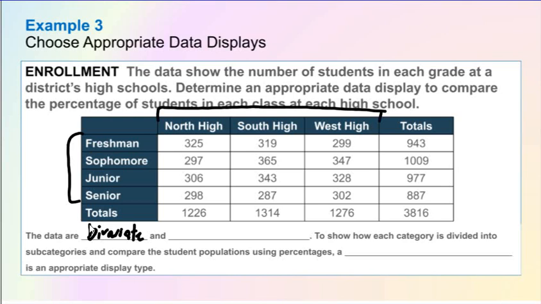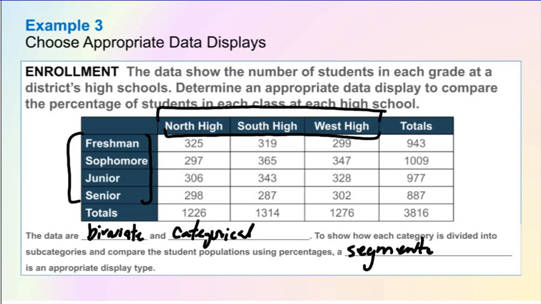And then it's categorical because we got subcategories here and we got subcategories here. To show how each category is divided into subcategories and compare the student populations using percentages, a segmented bar graph is an appropriate data display type.